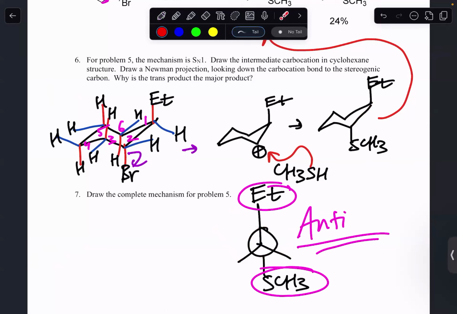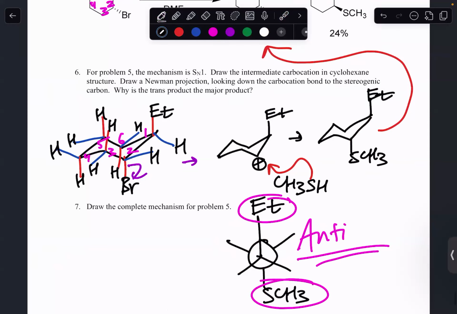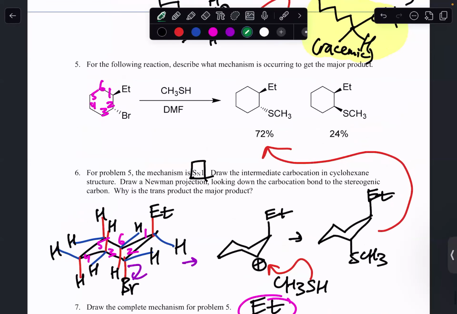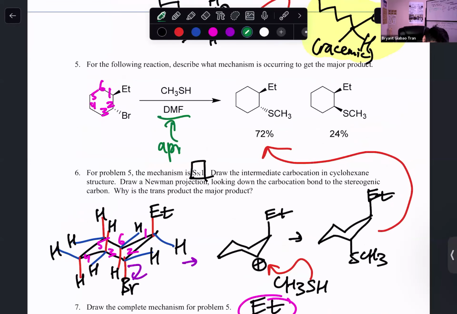Okay, makes sense. So just a quick question with the mechanism being SN1. It's DMF, a polar aprotic solvent, and the leaving group is bromine, which does not agree with SN1. It should be SN2.